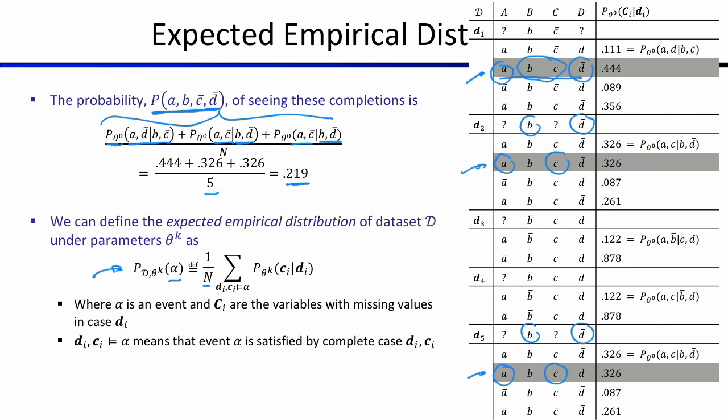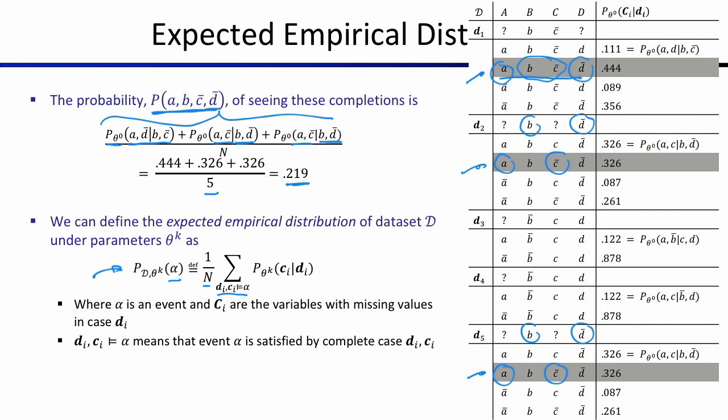So we're going to look at this table here and we're going to see which cases match the instantiation alpha. And in order to match the instantiation alpha, we're going to have the complete variables that came from the training set, and also the completions that we did for the variables that have missing values. And so we have to match this. So for each case here, we're going to find possibly one row that has this match.